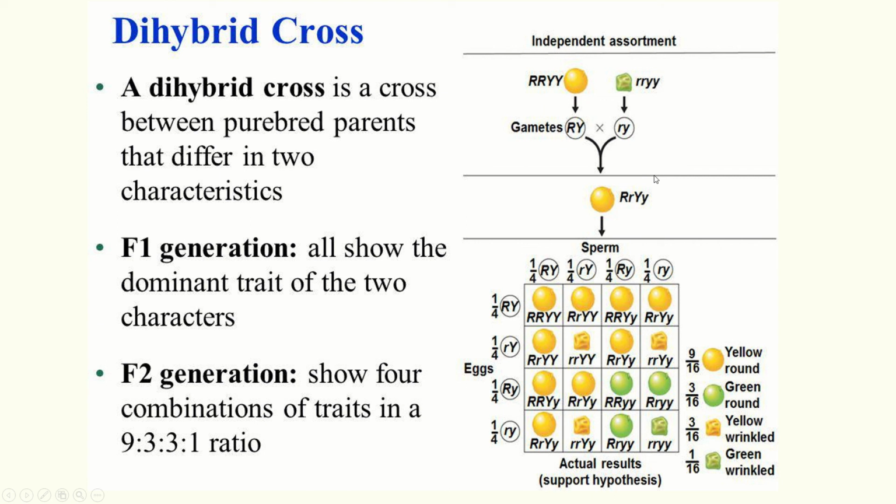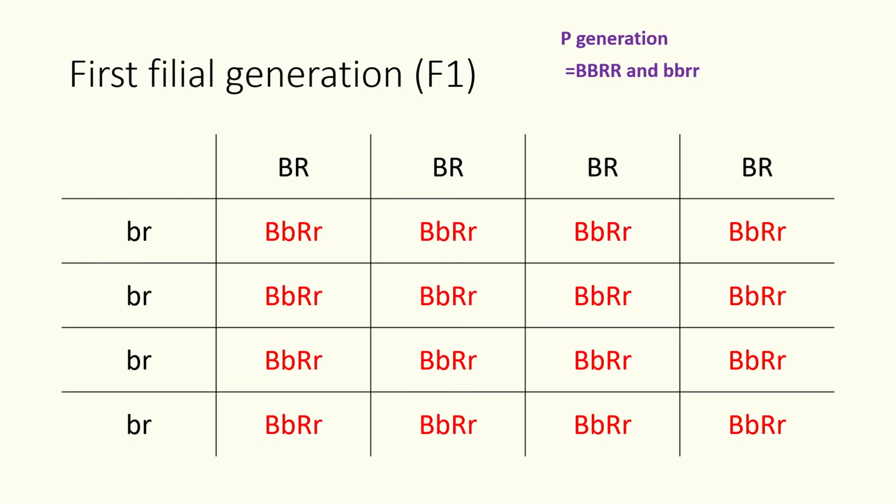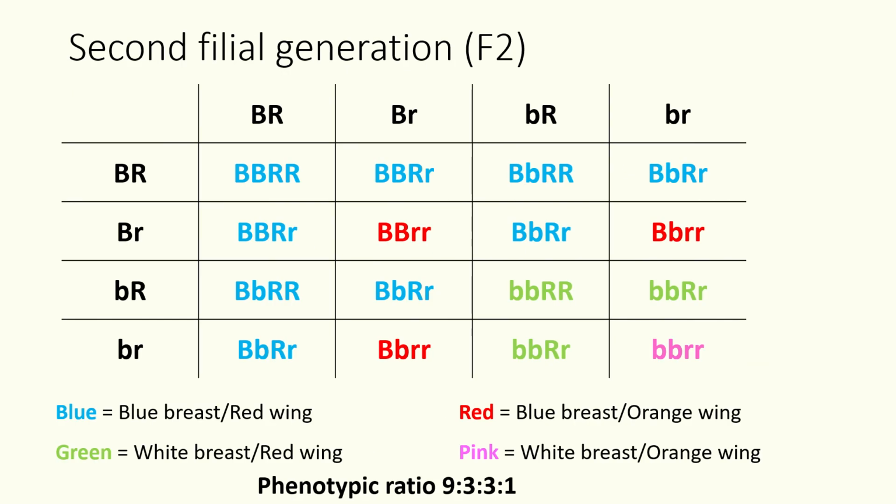But if you look here, in this example, we've got big R, big Y, little y. So the possible combinations are big R, big Y, or little r, big Y, big R, little y, and little r, little y. So it makes it a little bit more complicated in that you've got more things to consider there. You can see an example of a dihybrid cross here, along with the second filial generation.